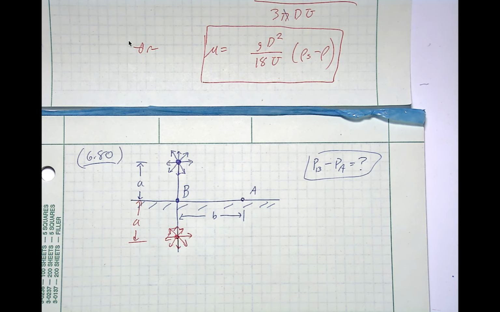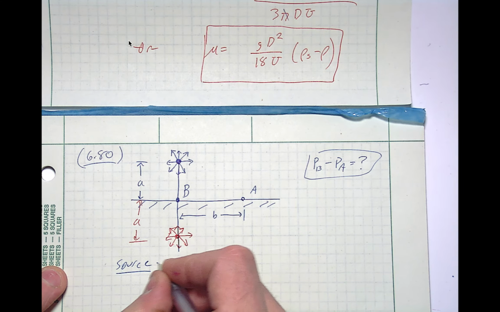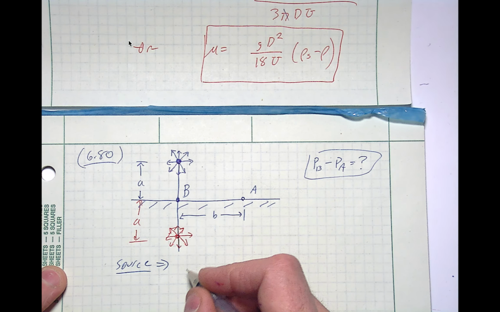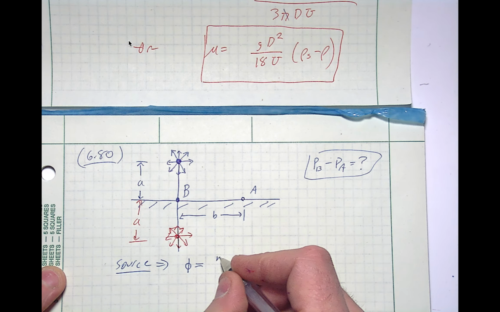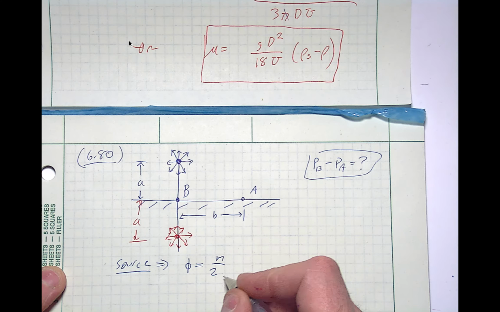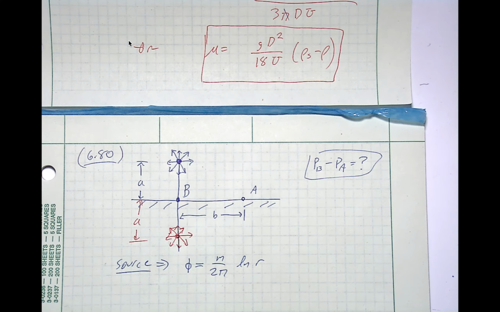Okay, so if we remember for a source, our velocity potential, which is a bit easier to use here, is just m over 2 pi times the natural log of the radius, where the radius comes out of the point source.